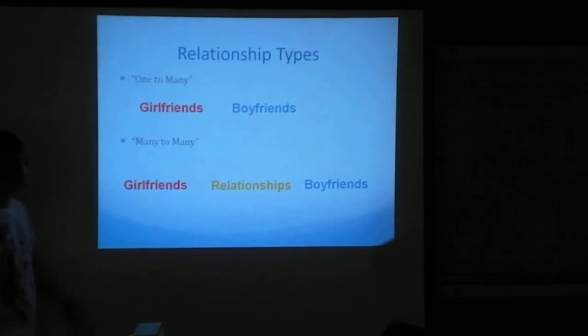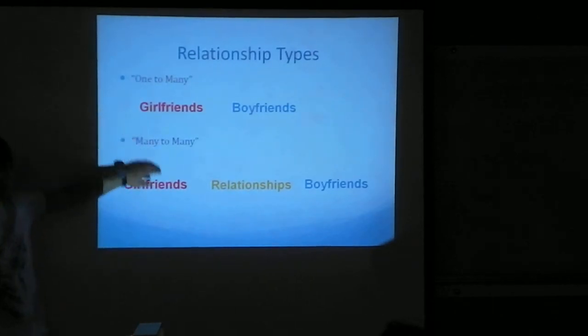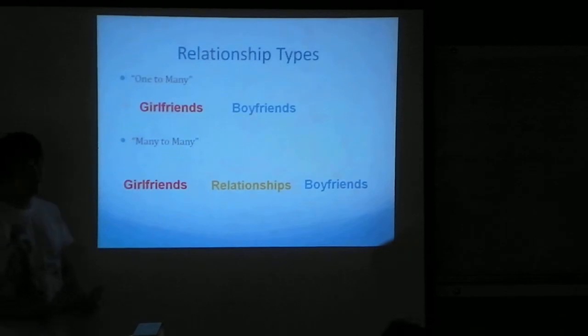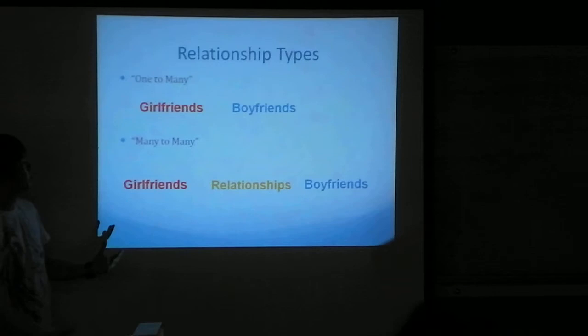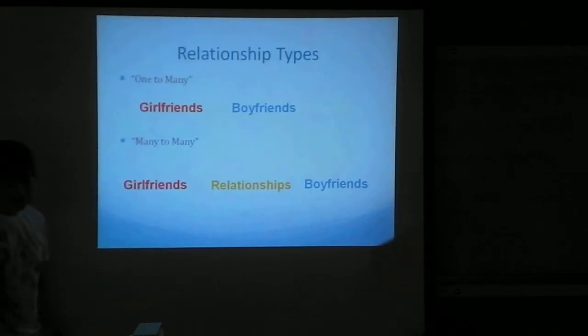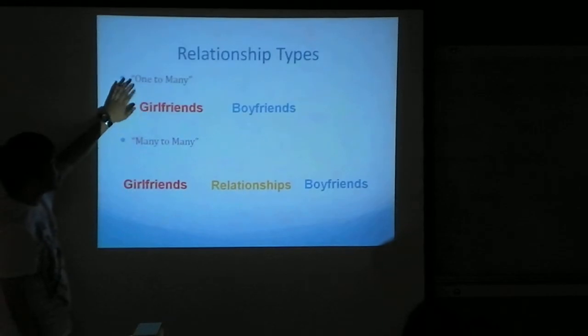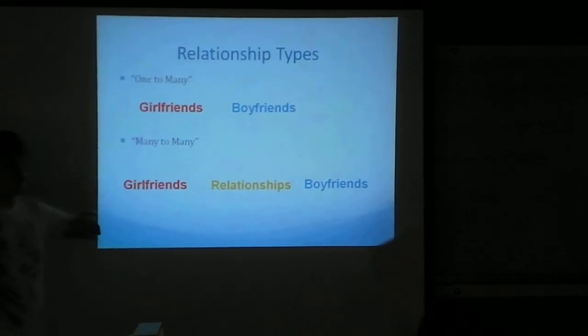So just a quick overview. Earlier, in the first try, when we had one girlfriend to one boyfriend, or when we had Portia seducing Billy, we had a relationship mapping that was one-to-many. So one girlfriend could have many boyfriends, but not the other way around.